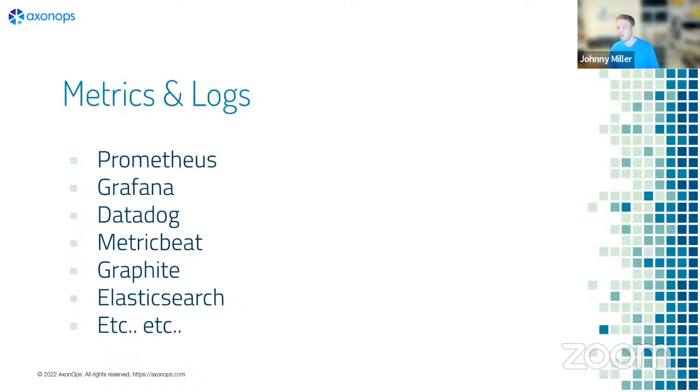I would deploy Prometheus. I would deploy Grafana, and I would start ingesting all of those metrics in there. And then similar things with Datadog. I would install Datadog as well to give me that piece of information. I might use Metricbeat to take the log files, ingest them into Elasticsearch. I might need to use Graphite, etc., etc.